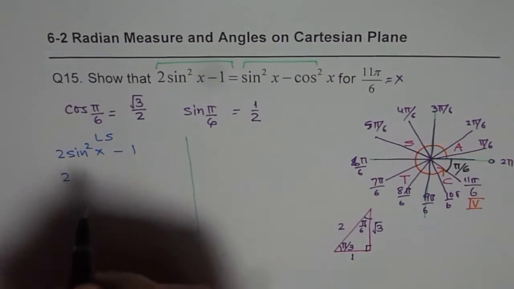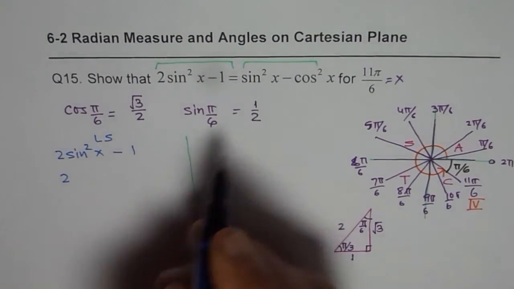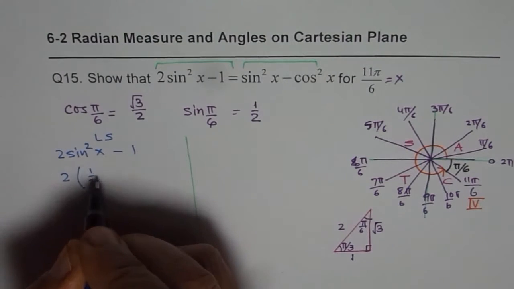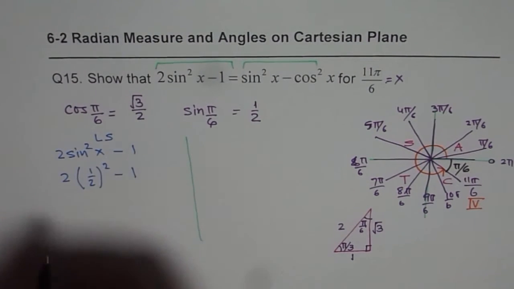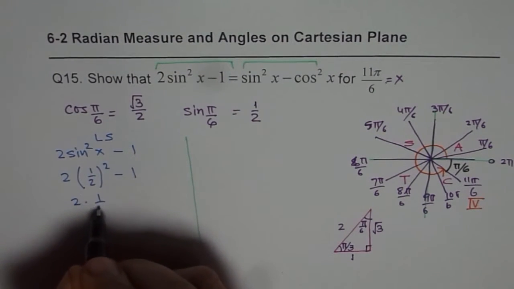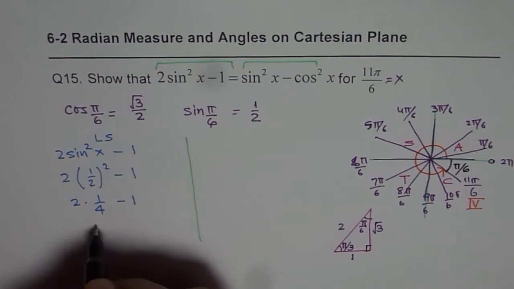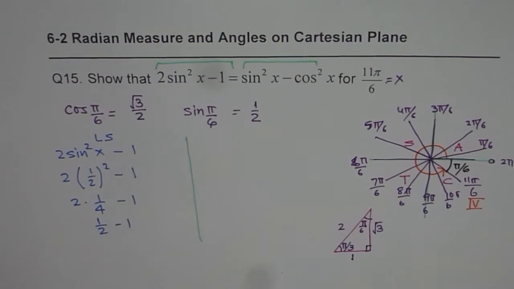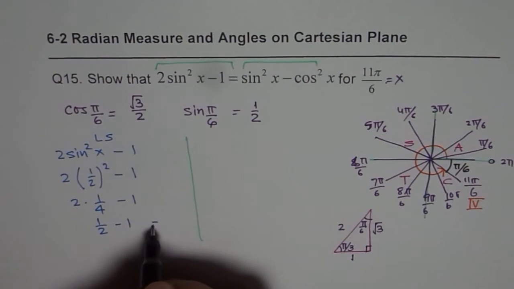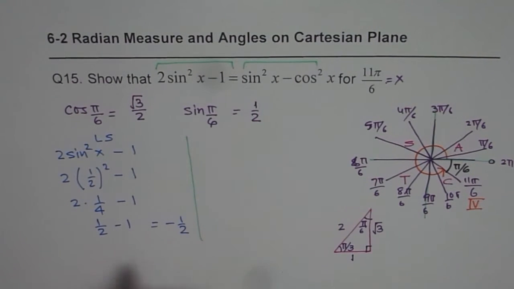So that means 2 times sine x is half, so it is half square minus 1. That means 2 times 1 over 4 minus 1, or half minus 1. And that gives you a value of minus half.